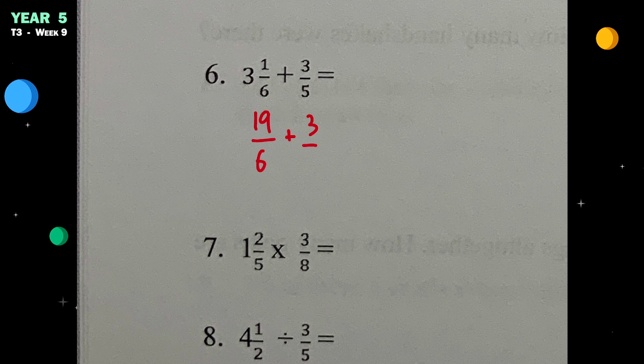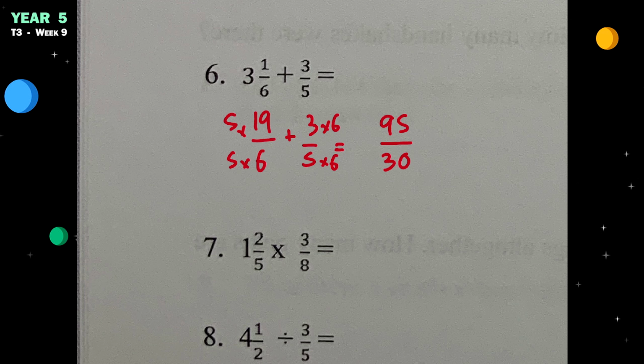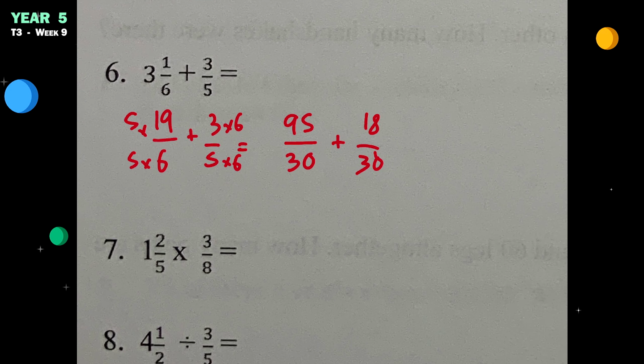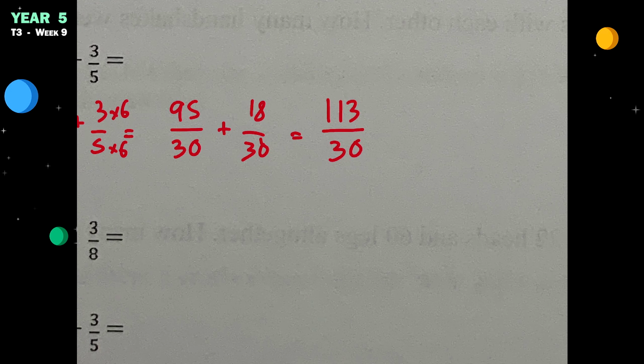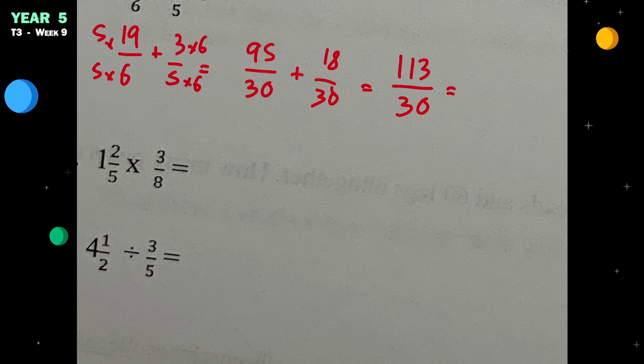Plus 3 on 5, we're going to make them into 30, so times it by 5, times it by 6. Times 19 by 5 will give you 95 over 30. Plus 18 on 30. And that'll give you 113 on 30. And then you can leave it like that, it's fine.